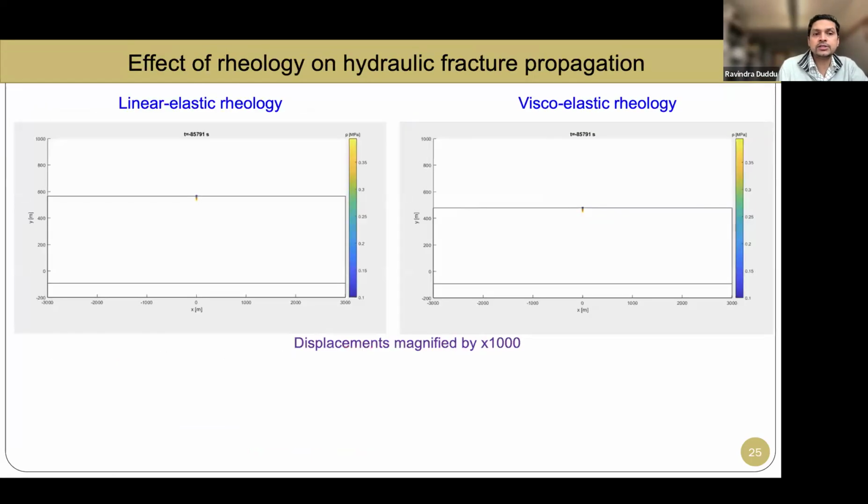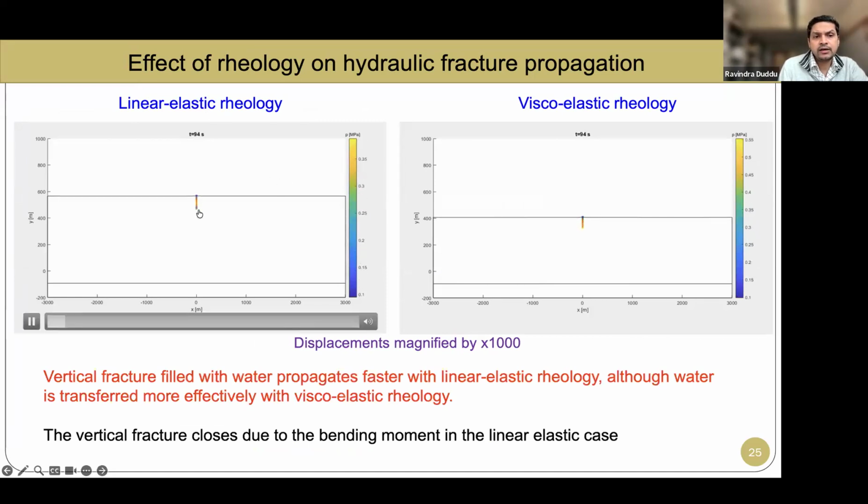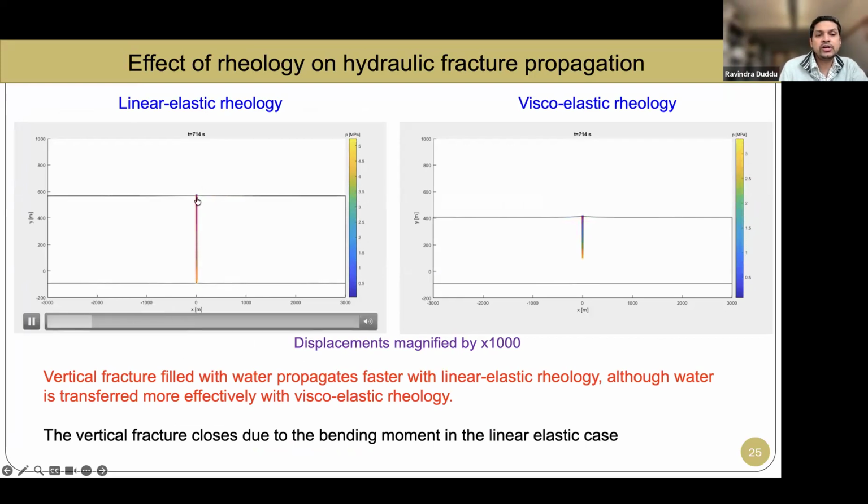And we put all that together and we ran the simulation, where what we see is that with the elastic rheology, if we neglect the viscous components, right? There is no viscosity of ice. Then you get faster propagation of the vertical crack from the top when the water is filling the lake.